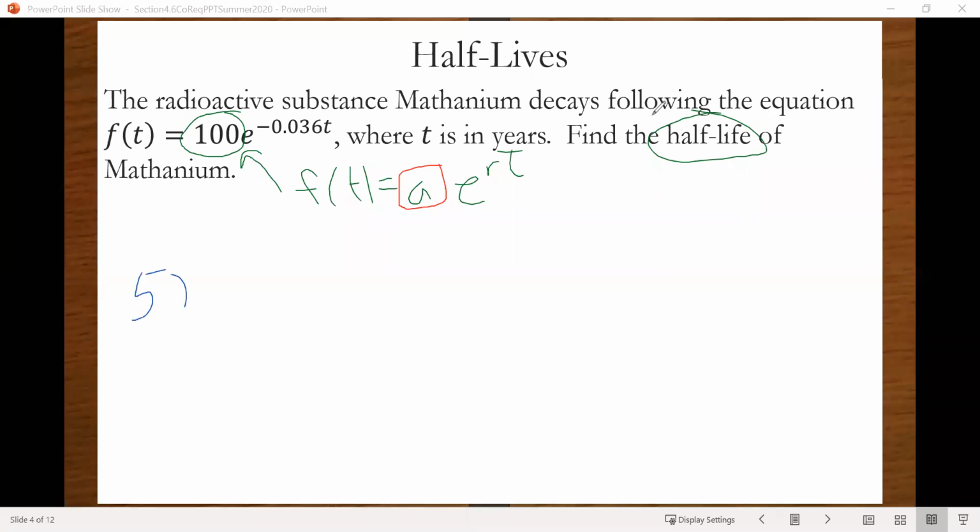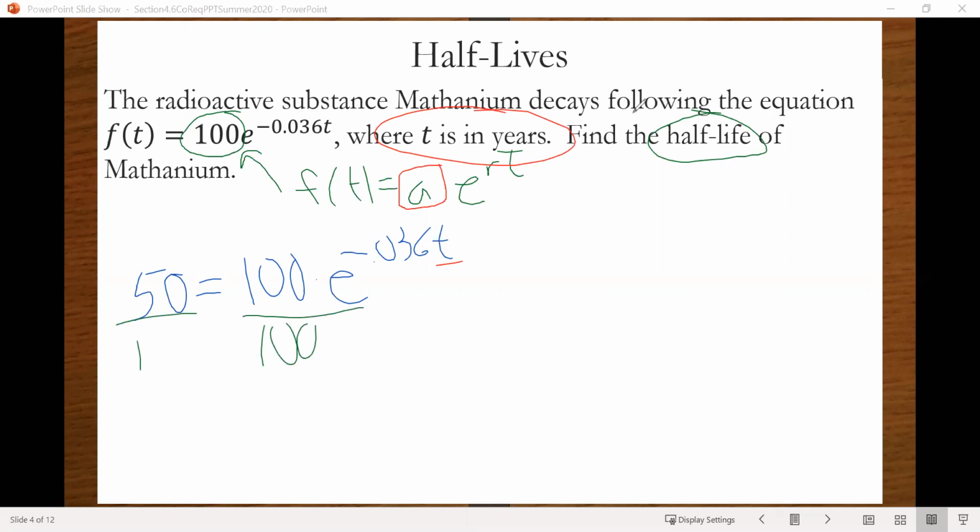So we can set up an equation like 50 equals 100 times e to the negative 0.036t. Hopefully it makes sense that we'd have t as our variable since we're trying to find the amount of time in years. So we can go ahead and solve that. Divide by 100 on both sides.